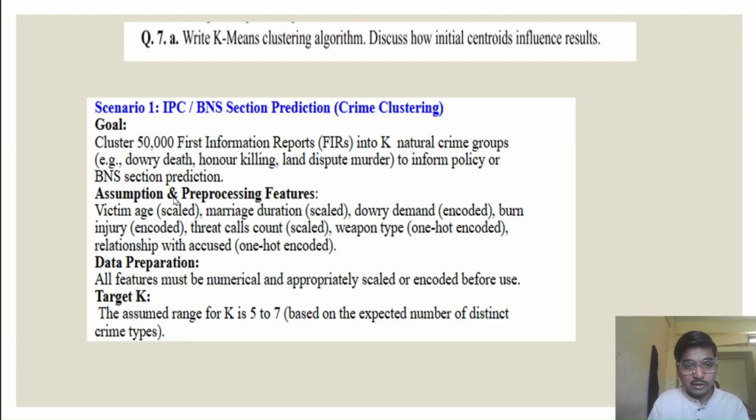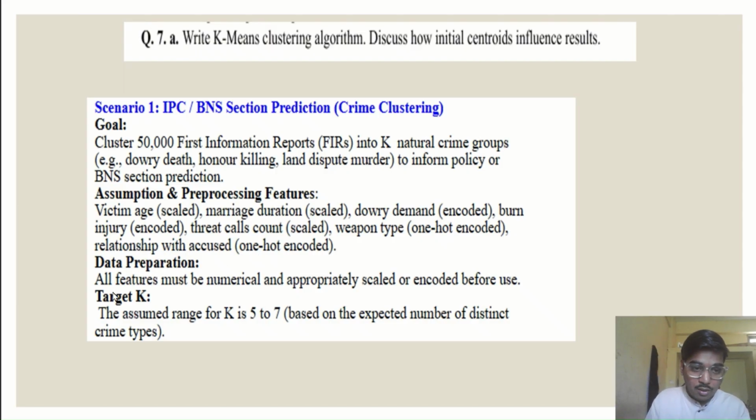First, we will make assumptions and perform the pre-processing. We take the victim age scaled, marriage duration using scaling, dowry demand using encoding, burn injury which will also be encoded, threat calls count which will be scaled, weapon type which will be one hot encoded, and relationship with the accused which will also be one hot encoded. Then we will perform the data preparation.